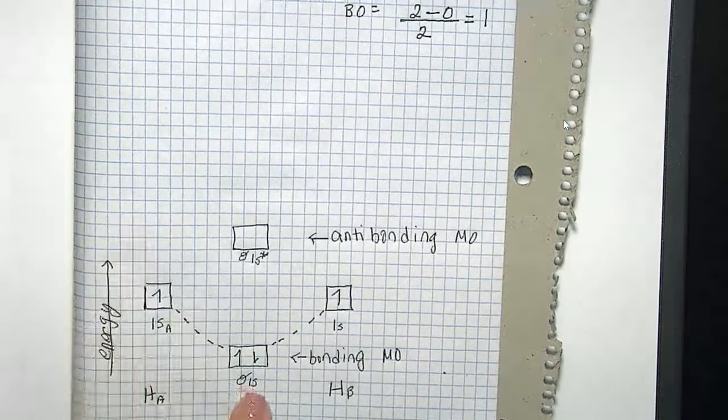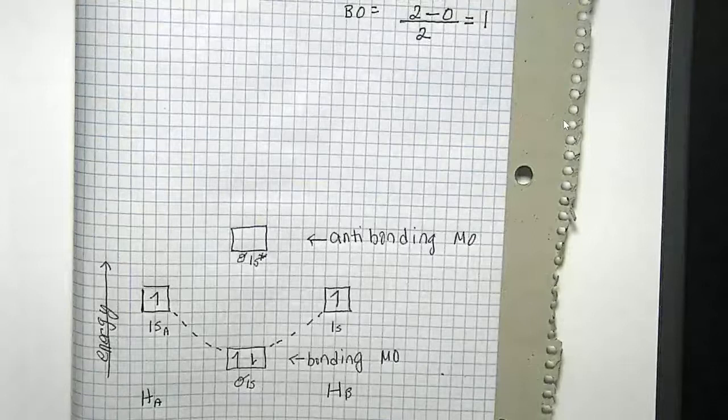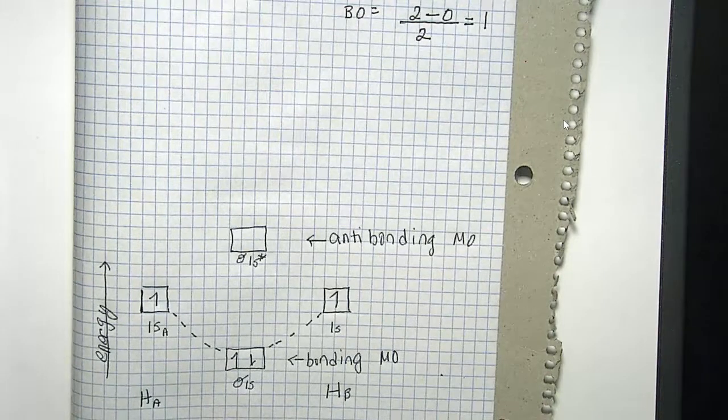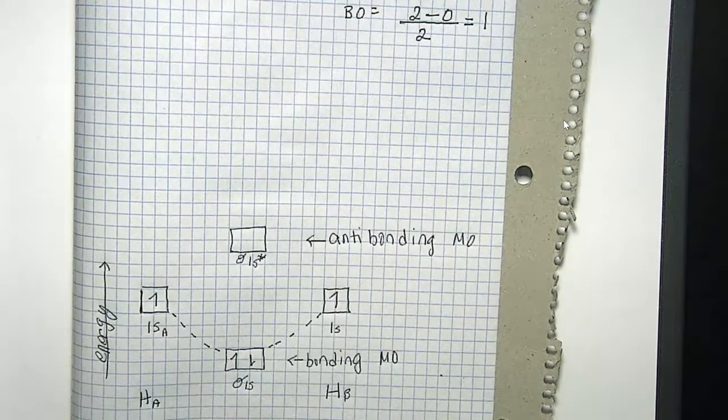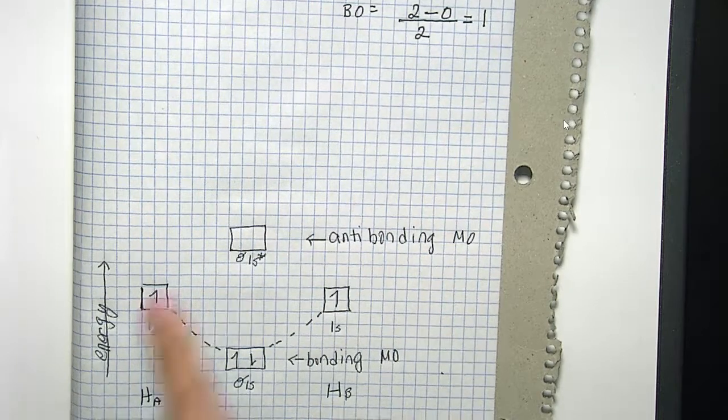Now, would this H2 be paramagnetic or diamagnetic? What do we say those meant? Dia means 2, so what does that mean? That's how you remember it. What are we talking about here? What's the whole entire point of this?